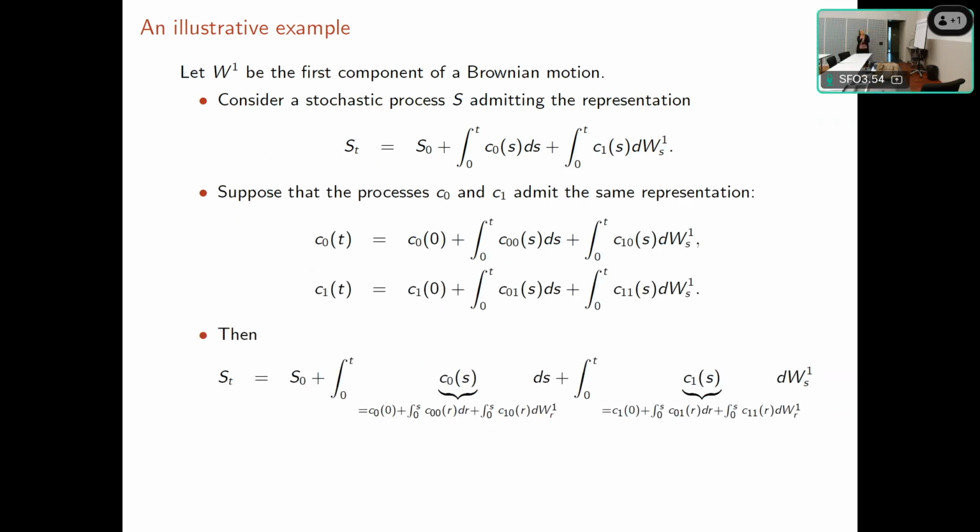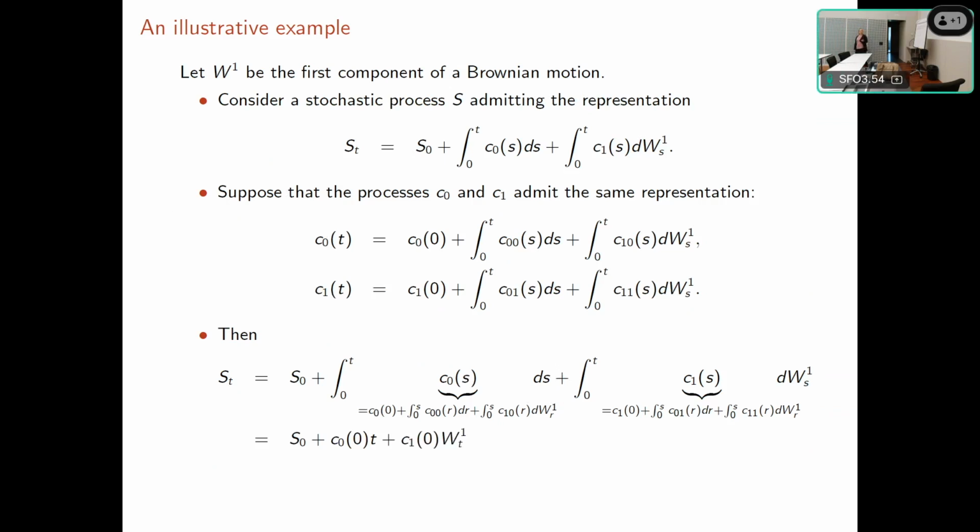Then, what can we do? We can replace this C0t in the integral above, and this C1t in the integral above. And then we order terms. And what do we get? Well, a 0 is there and stays there. Then we get C0, 0. So the initial value of this C0 is integrated with respect to time. So C0, 0 multiplied by time.